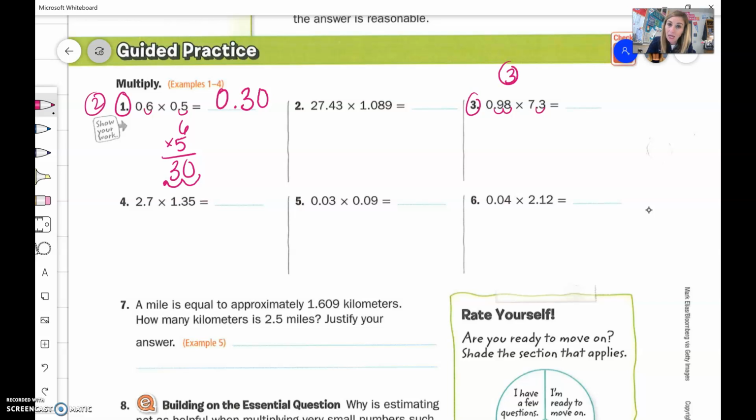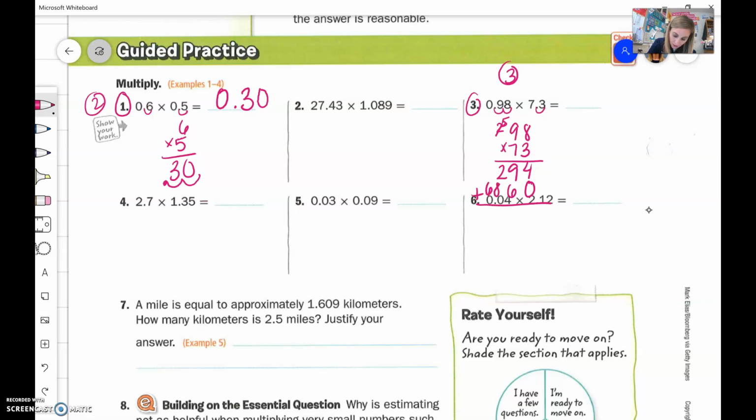So now I'm taking 98 times 73. 8 times 3 is 24. 9 times 3 is 27, plus 2 is 29. Put my 0 down. 7 times 8 is 56. 63 plus 5 is 68.